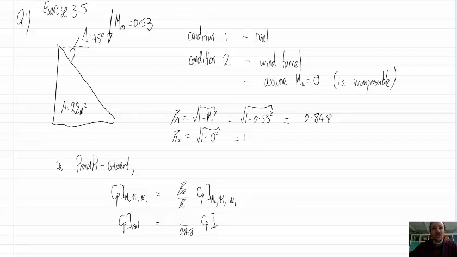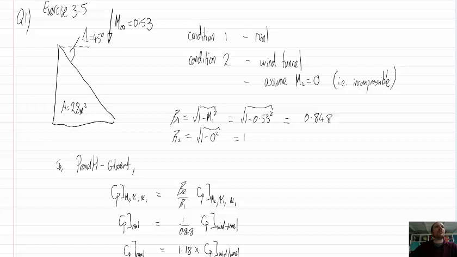So I'm going to call this wind tunnel. So CP real is equal to 1 over 0.848, which is 1.18 times CP for the wind tunnel. So that's the first observation we can draw.